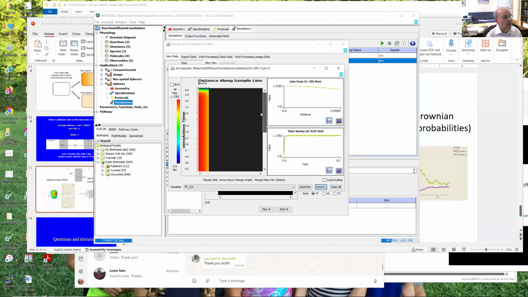You can see that it does reach a steady state very quickly, but that the gradient, if I put my cursor over here, you can see that there's very little change in going from the plasma membrane to the nuclear membrane within the cytosol. There's a tiny gradient, but it's not very significant. And this kind of system probably could have been solved using just ordinary differential equations with very little error.